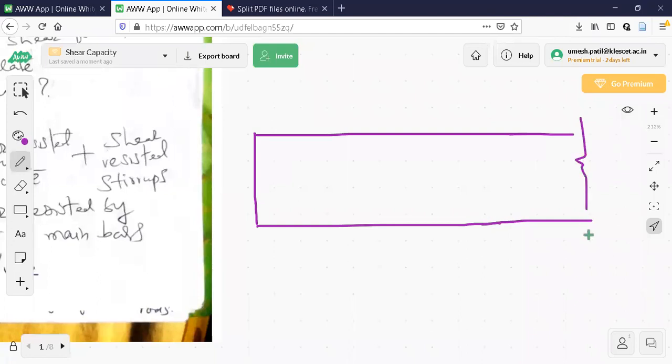This is the longitudinal section of the beam. Observe this one. There are 4 bars, to take care of bending moment, like this. Let us say this is the support.